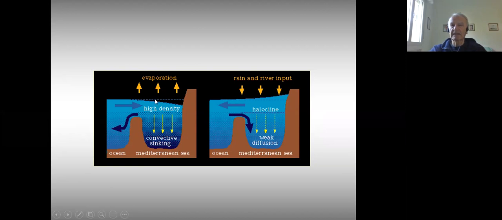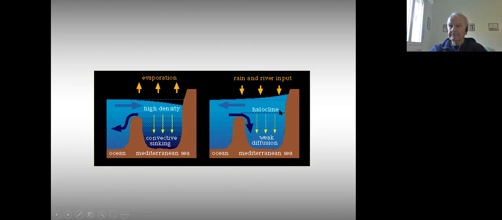So here is the Atlantic, here is the Mediterranean, and evaporation larger than precipitation. However, there are some other types of Mediterranean seas or semi-enclosed seas where river and rain input is larger than the evaporation.